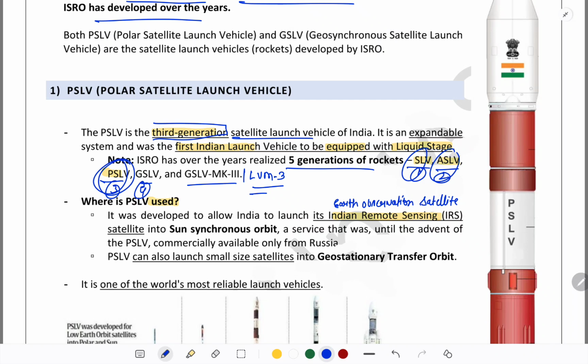In the third generation, this was the first time that the engine is equipped with a liquid stage. And what does the liquid stage give? It gives maneuverability, agility, and sophistication to have control. So whenever we want we can turn the engine on and off, which can save our fuel also.